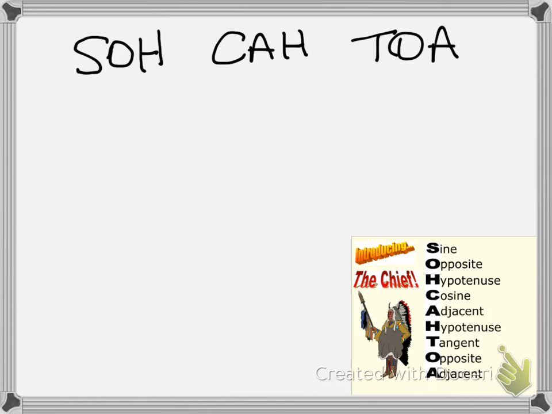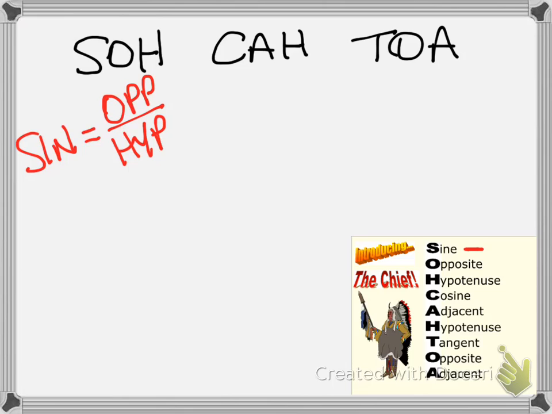And we use the term SOHCAHTOA to help us remember what in the world all these trigonometric ratios are. Now you might say, Coach Ferris, SOHCAHTOA, really? Come on. But it's very simple and it helps us remember our trigonometric ratios. Our first one that we're going to use is sine. Sine is equal to opposite over hypotenuse.